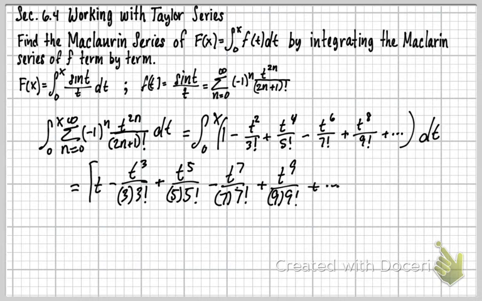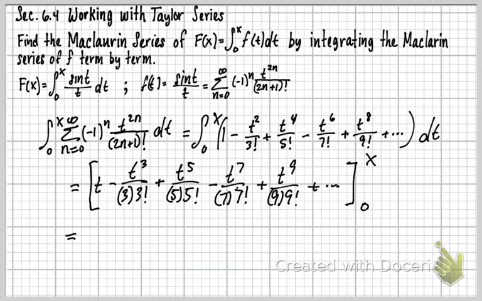Now remember, we're integrating this, and we have bounds, so this is going to be from 0 to x. When I plug my upper bound in, I'm just plugging in x's where all the t's are, and then minus the lower bound. When I plug in 0 for each of these, they're all going to zero out. So I'm only going to get the upper bound.